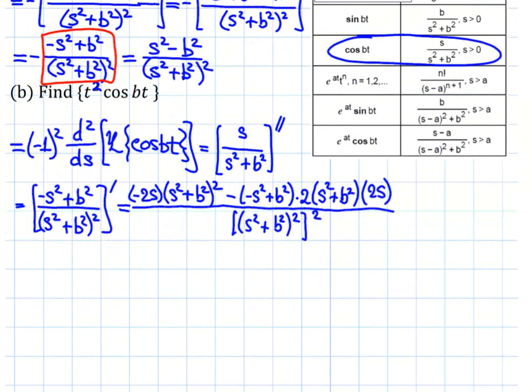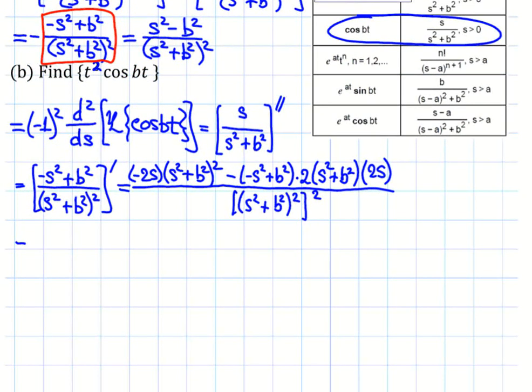Alright, now focus on this problem. On the top, we should be able to factor out one factor of s squared plus b squared.